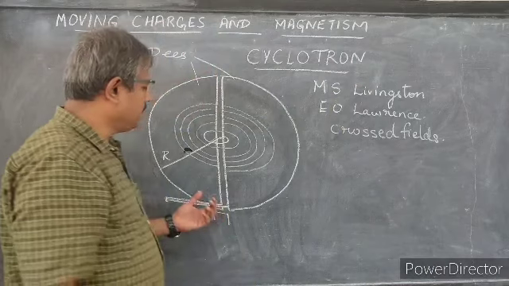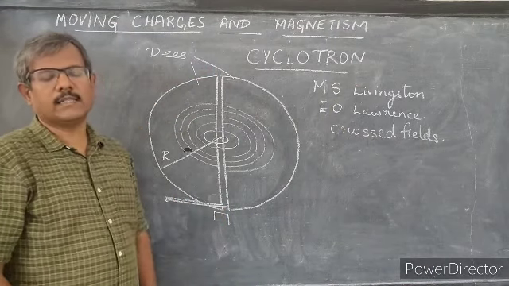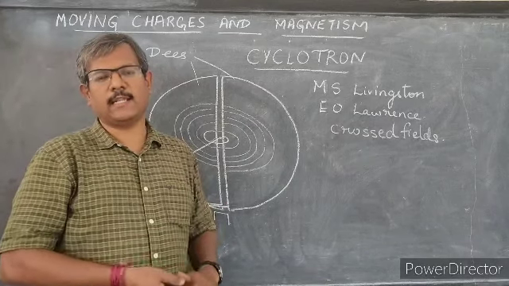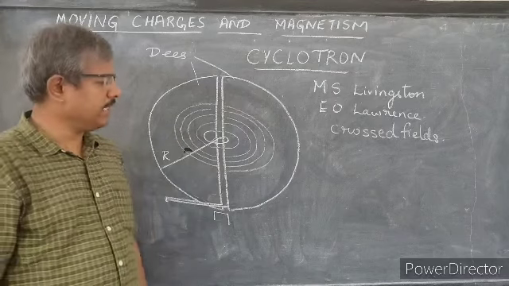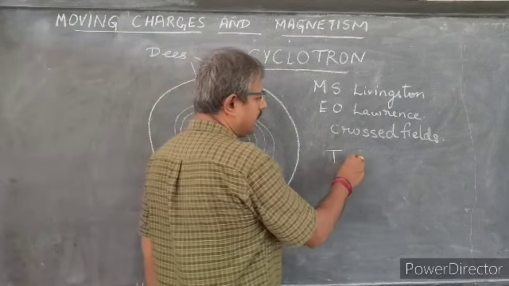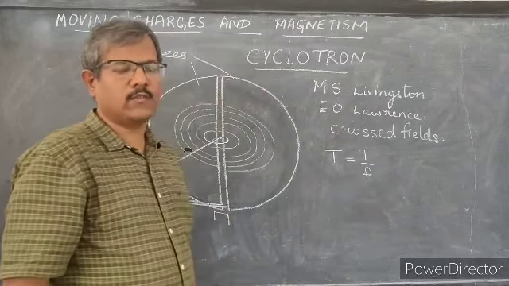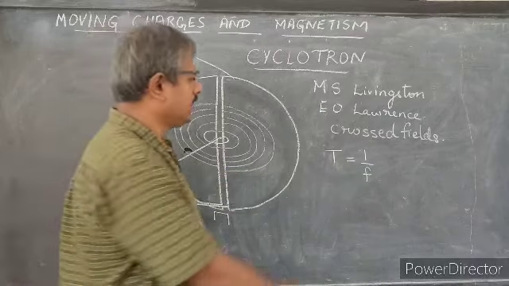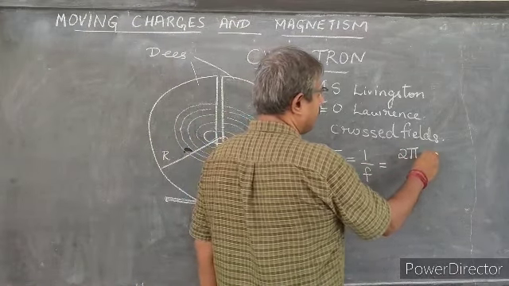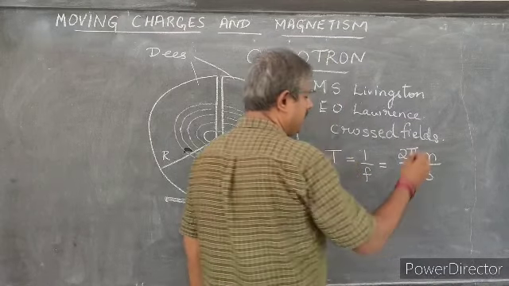Now, if we look at the mathematics behind this, you might remember that when we were discussing a charged particle in the presence of a combined magnetic and electric field, we said that the reciprocal of the frequency, which is the time period, was given by T = 2πm/(qB).